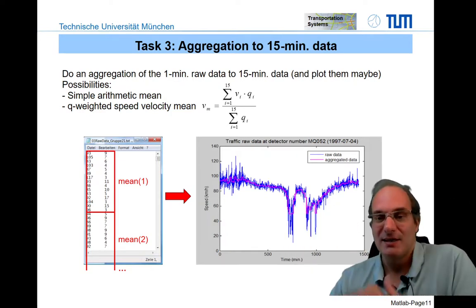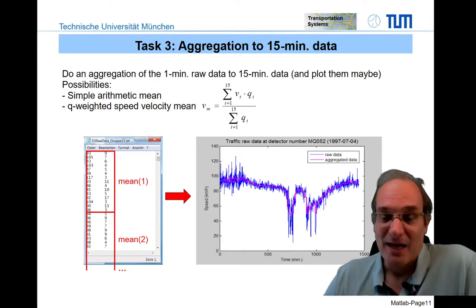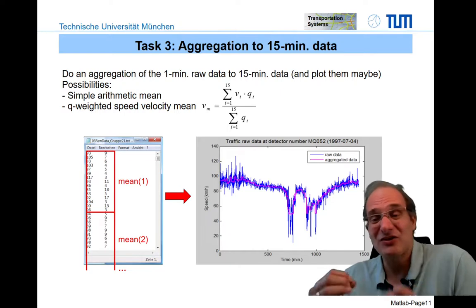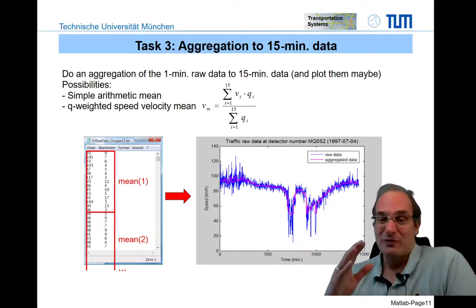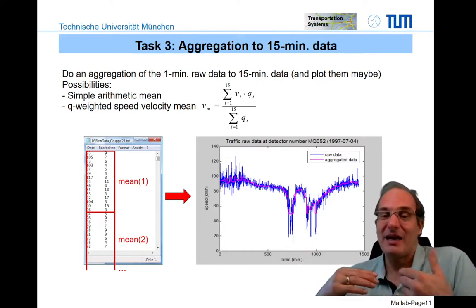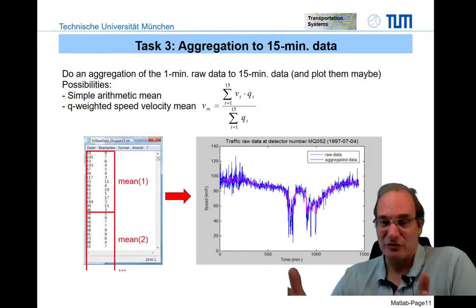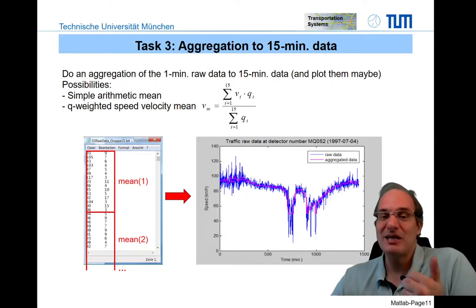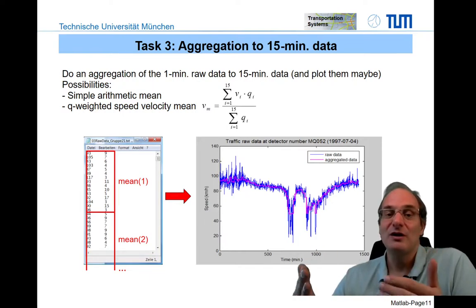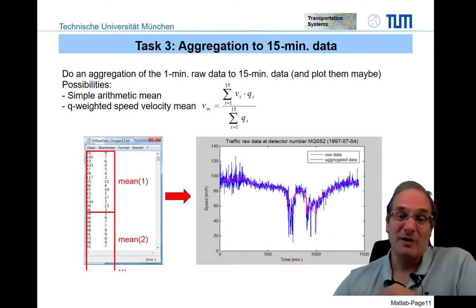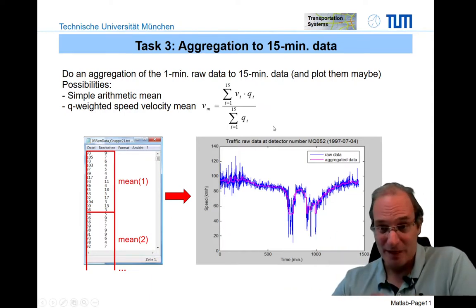The pure arithmetic mean is not so helpful sometimes because it might be better to normalize these values. And what can we use for the normalization? We can use the Q-weighted speed velocity mean. You learn this in other courses. Here is the formula.